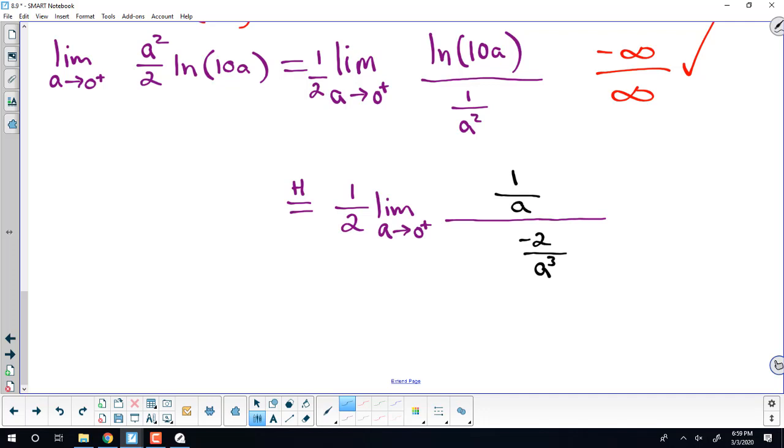So okay, we rewrote it as a quotient. It's something we apply L'Hopital's rule to directly, and we get this thing. Remember, it's always L'Hopital's rule, then you simplify before you compute the limit again. So we want to simplify this first.